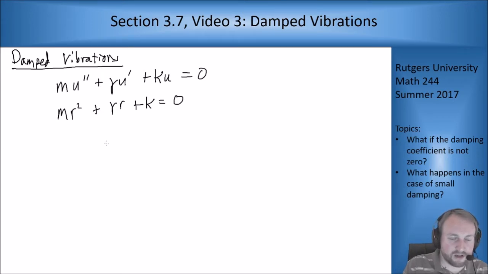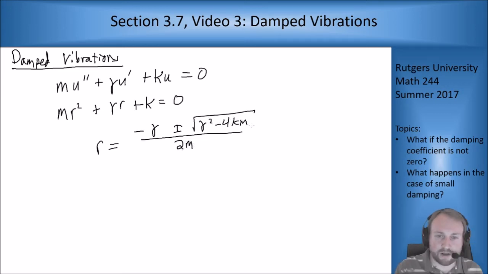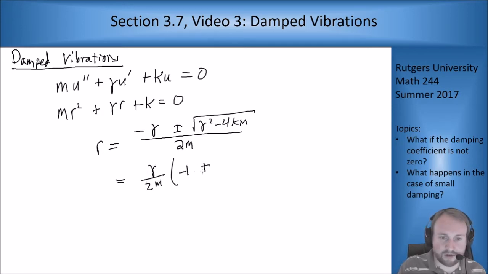Our roots here are r equals negative gamma plus or minus the square root of gamma squared minus 4km, all over 2m. And if you want to factor this out, it's gamma over 2m times negative 1 plus or minus the square root of 1 minus 4km over gamma squared.